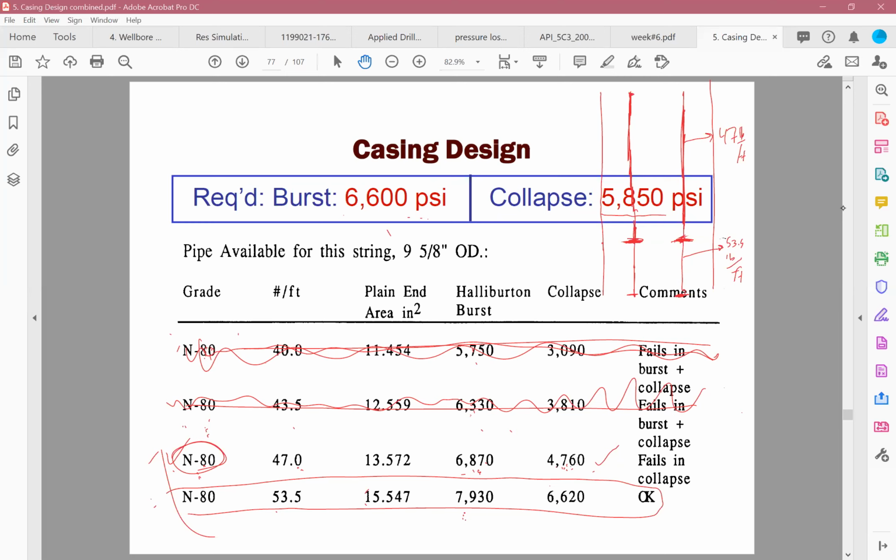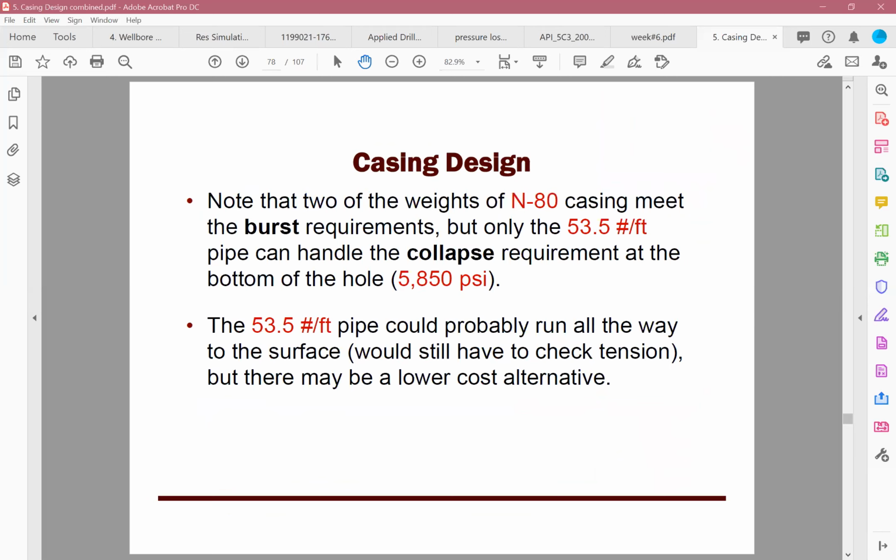Okay, all right. So how do we find that depth? Remember the collapse, right? Again, I'm going to plot it here. Let's say this is depth, and this is pressure, which is the hydrostatic pressure of the mud outside. This is basically equal to your collapse pressure.